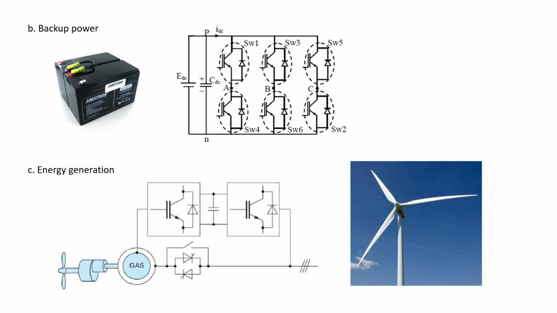So let's say you're running a computer server and you need to maintain the power supply all the time. So when the grid is blackout, then you need a backup from UPS, from battery. The battery is DC, but your computer server needs AC, so you need to use an inverter.